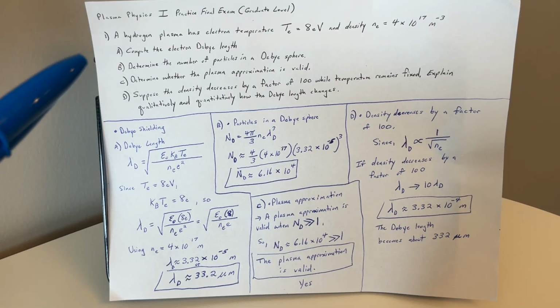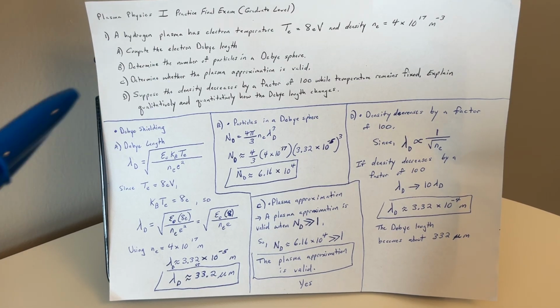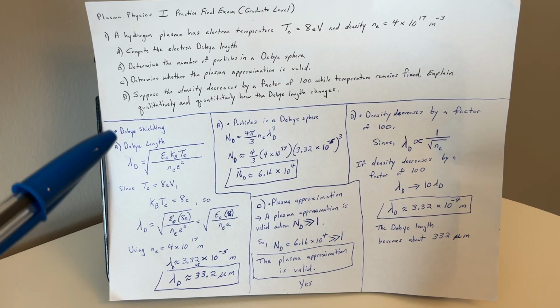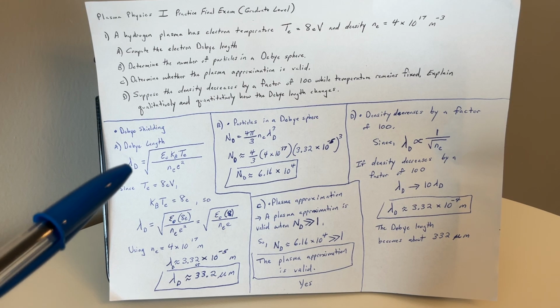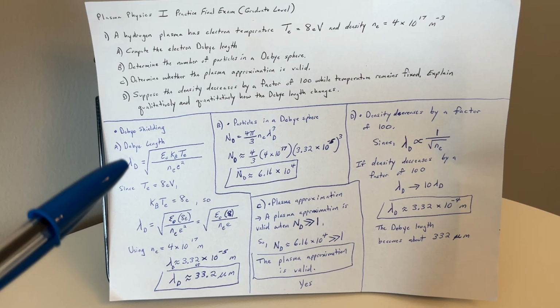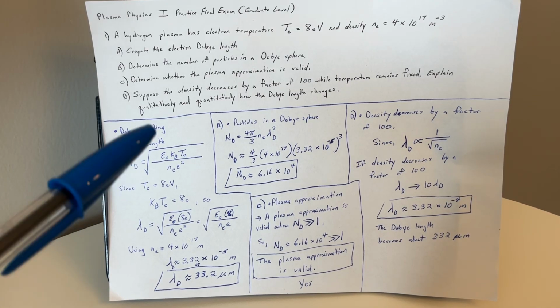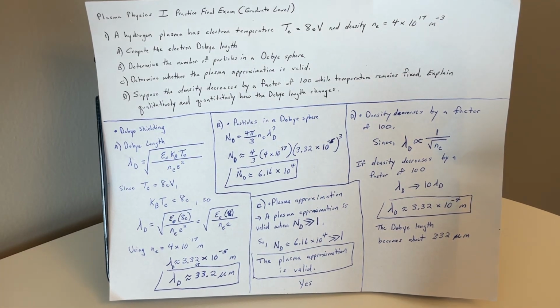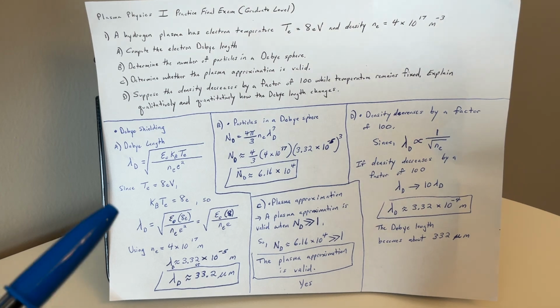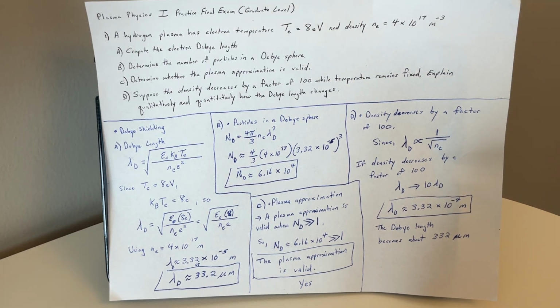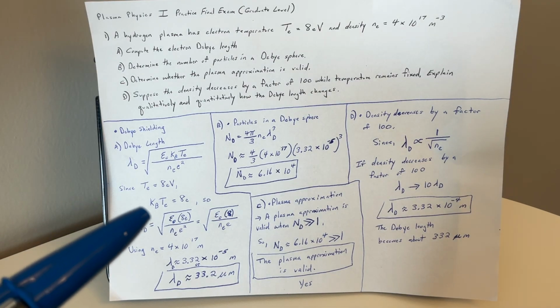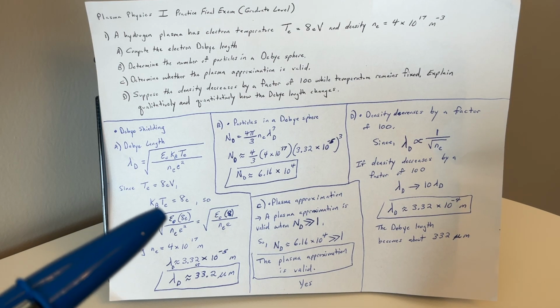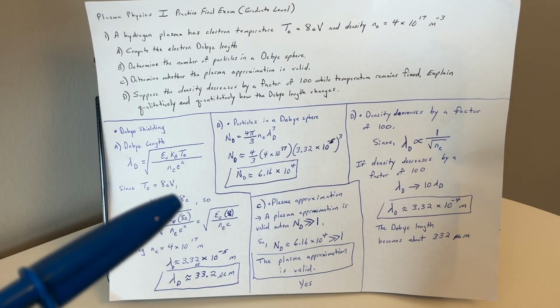The formula: lambda sub D equals the square root of epsilon naught k sub B T sub e over n sub e e squared. We're given that T sub e, the electron temperature, is 8 eV, and k sub B T sub e is just 8 eV.